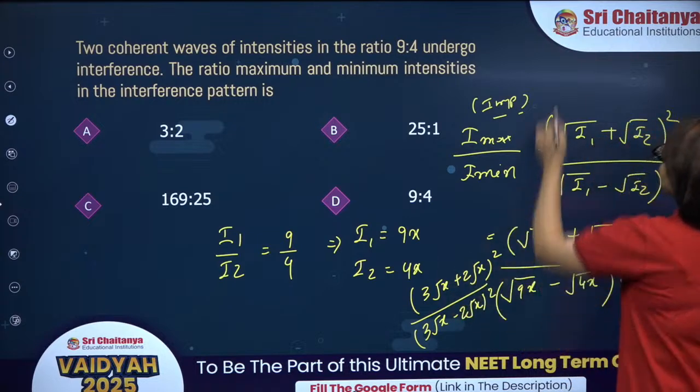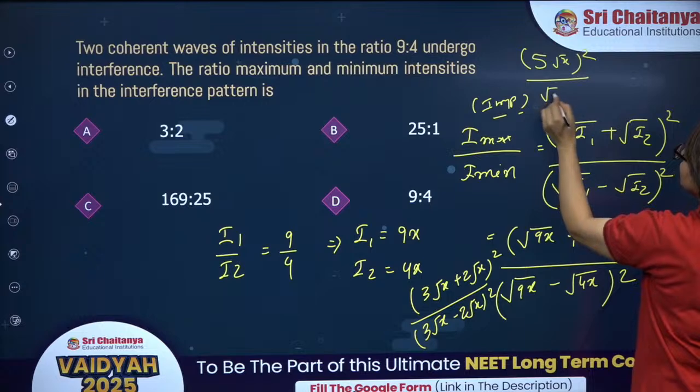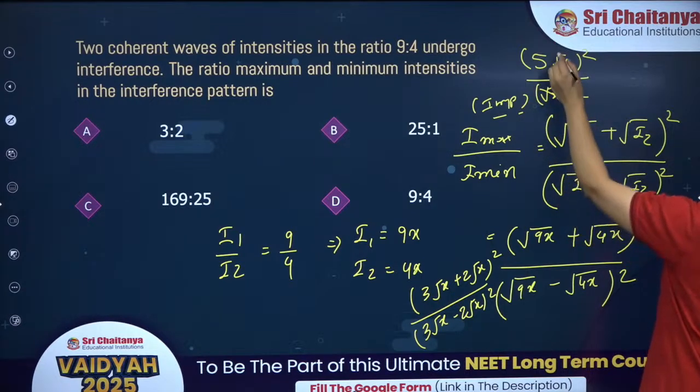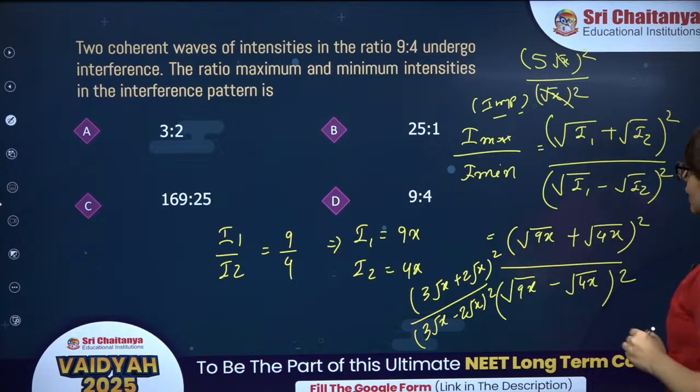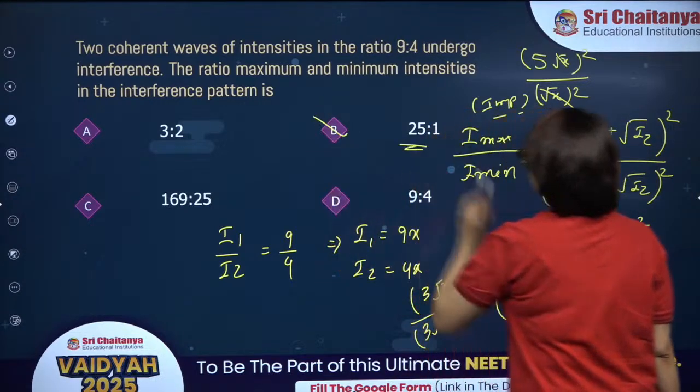So it will be (5 root x) whole square divided by (root x) whole square. Cancel, cancel. So it will be 25:1. So the correct answer is option B.